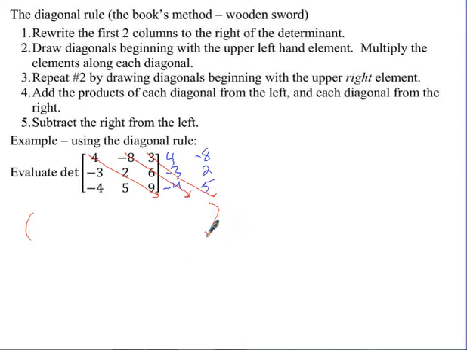Once you're done with that, let me pick a really lovely color here. How about purple? You are going to subtract the other diagonals. The other diagonals start here. You'll multiply all those numbers together and add them to all of these numbers and add them to all of these numbers. And those will all go here, added together. When you're done, you'll have a number minus some other number. Do that subtraction, and that's it. You're done.